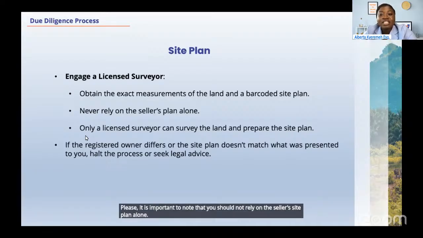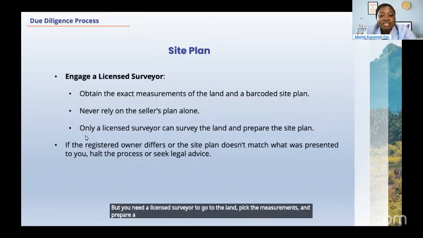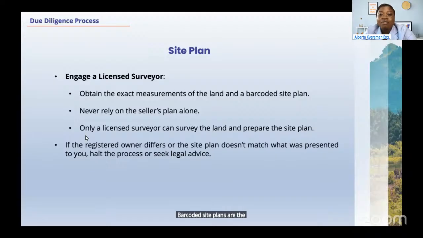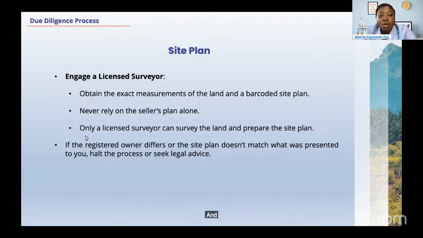Whatever site plan is given to you, you may use it to start your searches, but you need a licensed surveyor to go to the land, pick the measurements, and prepare a barcoded site plan for you. Barcoded site plans are the ones that have a code behind the site plan and are approved at the Lands Commission. And in Ghana, the law requires that it is only a licensed surveyor that can survey a land and prepare a site plan.